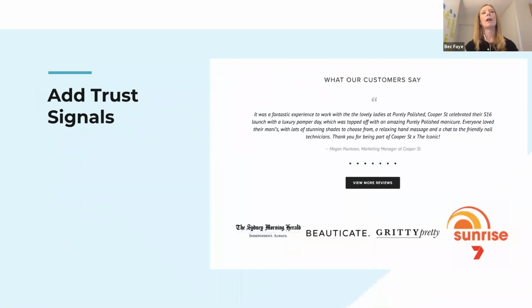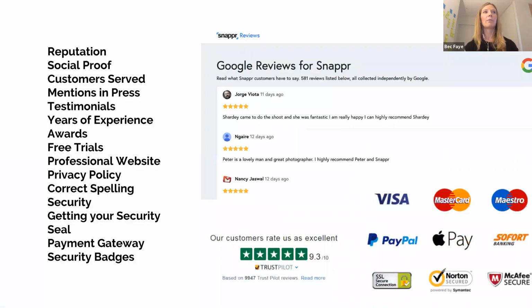And then how do we add trust signals? Things like testimonials, building up your reputation, building up social proof, examples of customers served, mentions in the press, your years of experience, any awards you might have won, and offering free trials. Having a professional looking website can certainly help so much in building credibility.